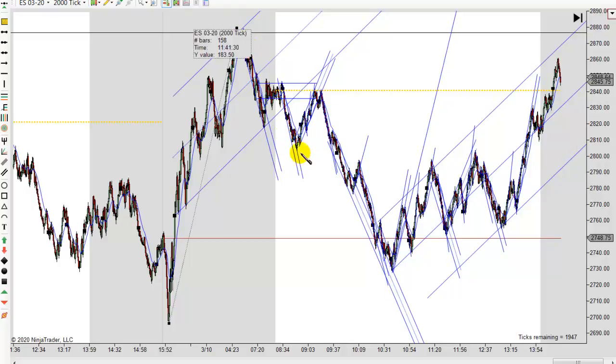And then, like I said, in no time flat, we took it all back. Within no time flat, we took 153 of it back. In less than 5 hours, we took that much of it back. So this is a crazy market.